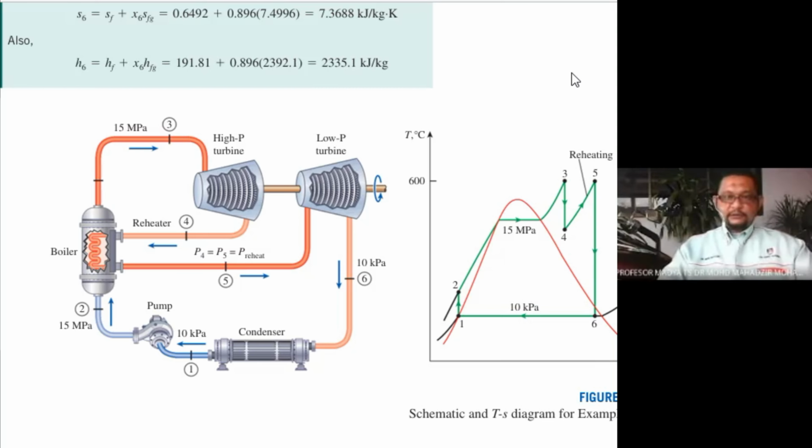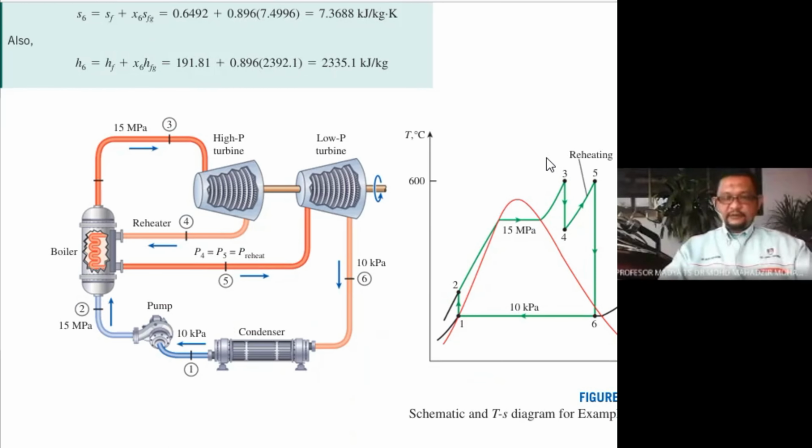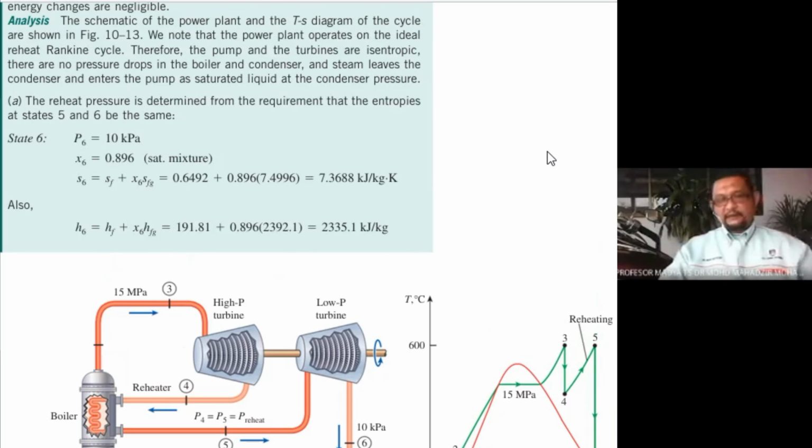So using the equation S6 = Sf + x6 Sfg, put down all the values that have been given, and we find here 0.6492. This is Sf at 10 kilopascal. This value you can find in the properties table at 10 kilopascal, and go to the specific properties and find Sf, the saturated liquid.